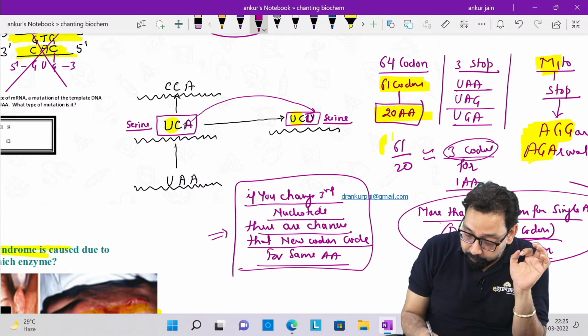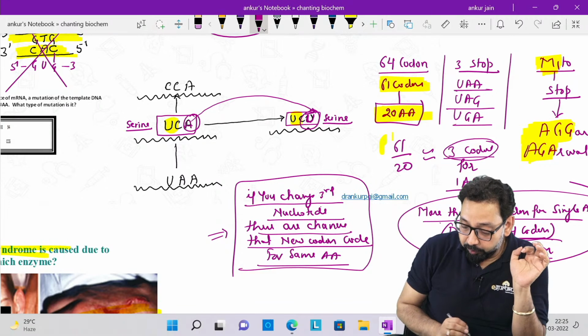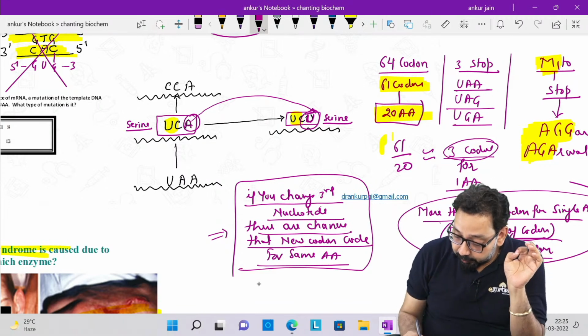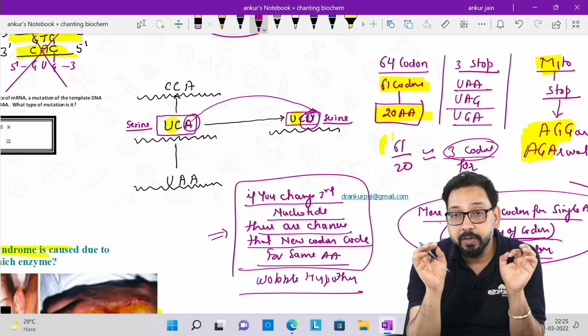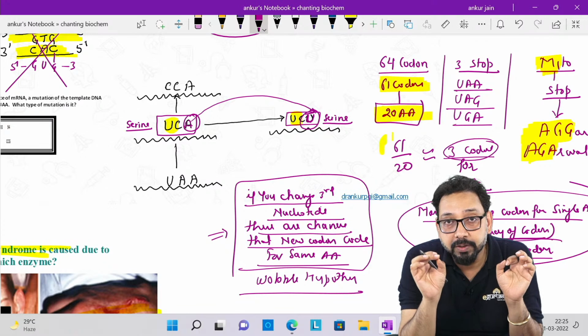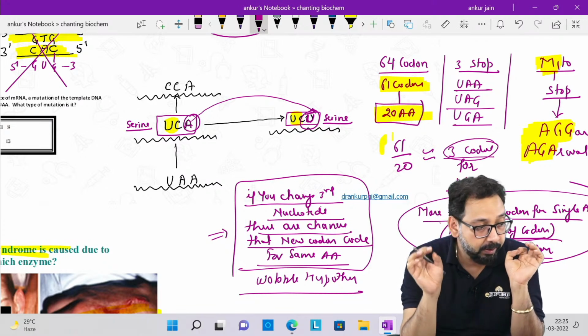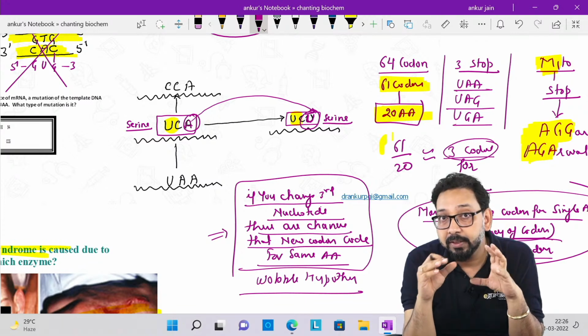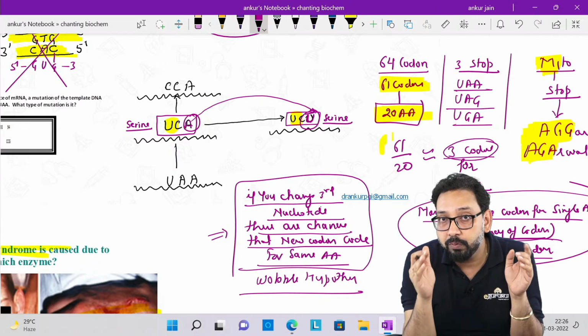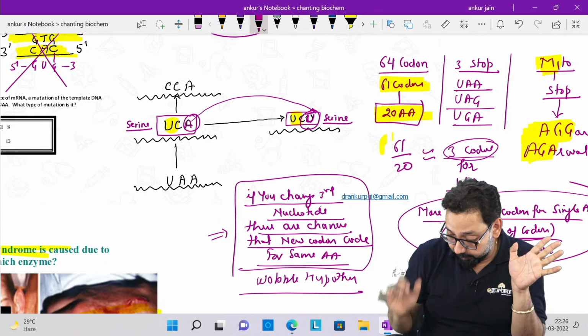Means UCA UCU same. This is Wobble hypothesis. Means third nucleotide of a codon is not so specific. Means if you change the third nucleotide, there are chances that the new codon may code for same amino acid.